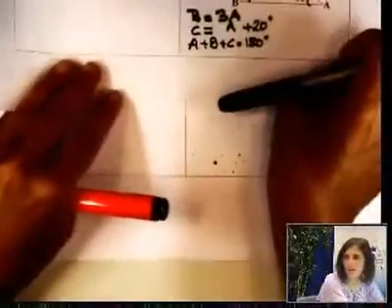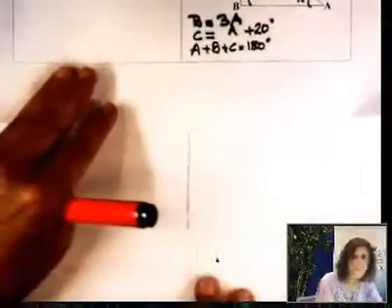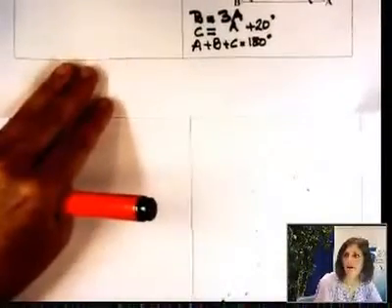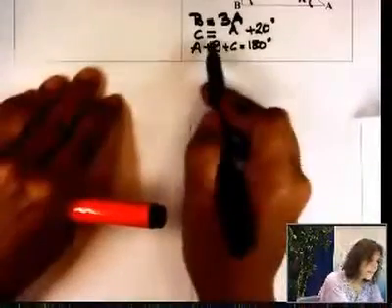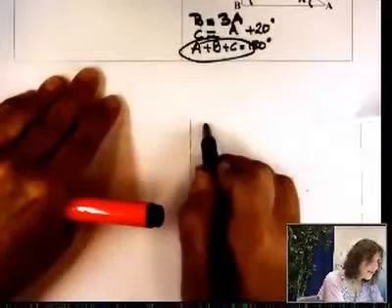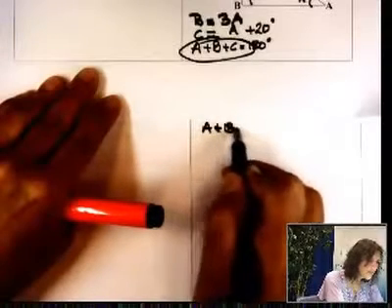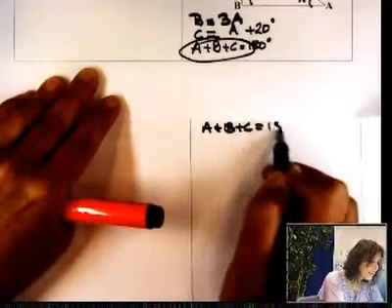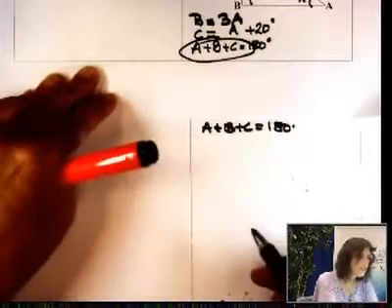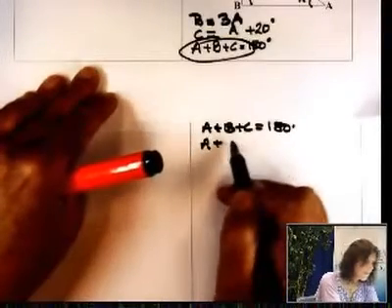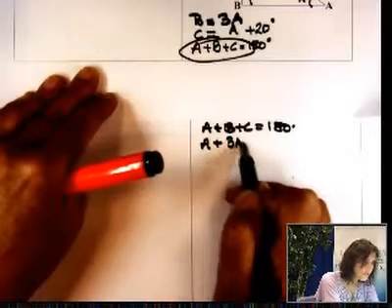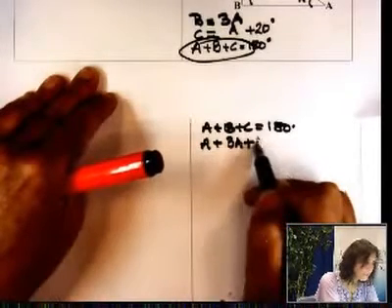So I'm going to do a substitution. All right, here we go. So I have A plus B plus C is 180. I'm going to write everything in A. A is A, B is 3A, C is A plus 20.